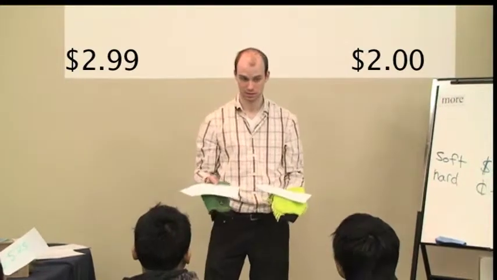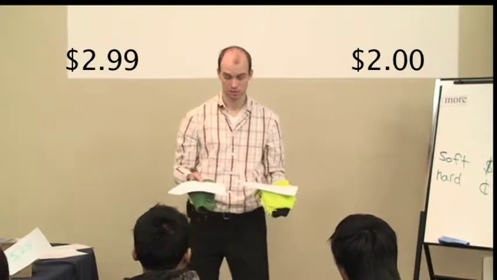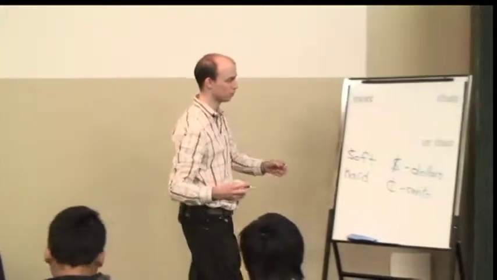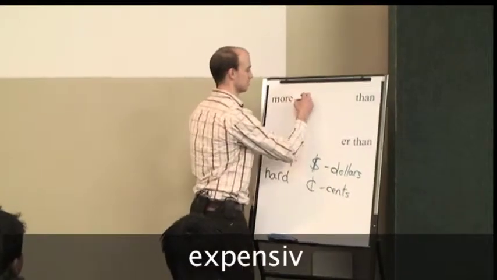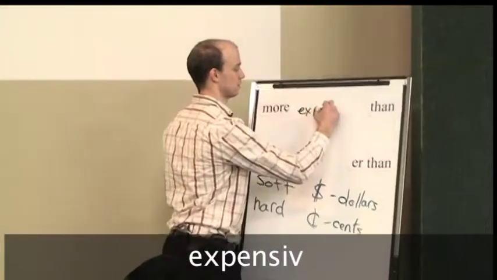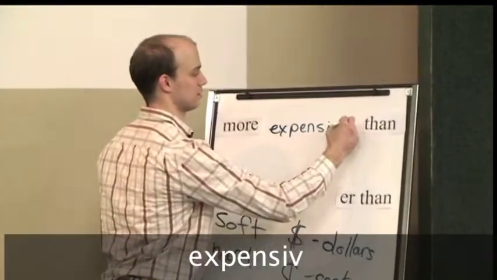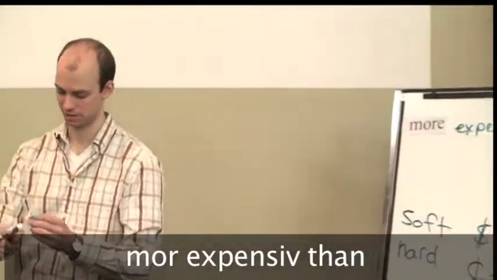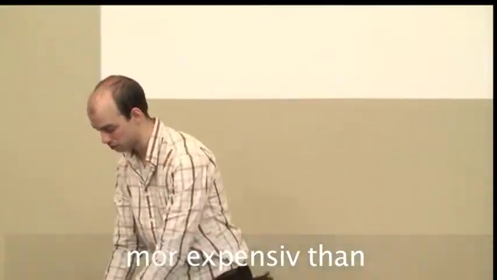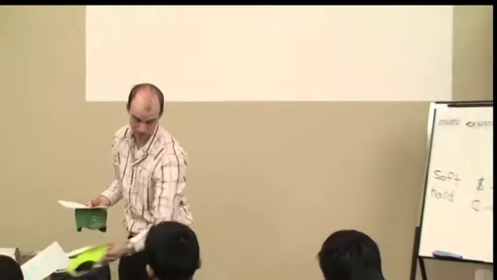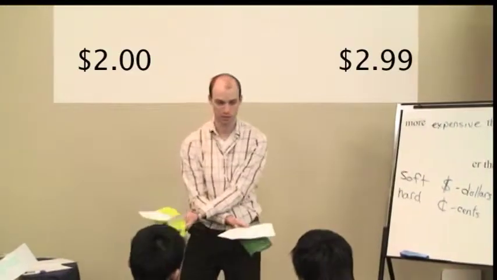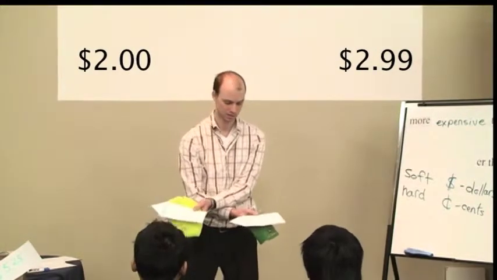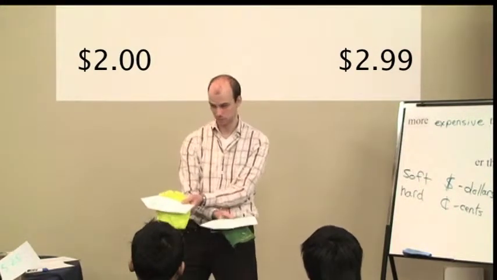The hat is more expensive than the chamois. Right. If we start with the more expensive thing, what if we start with the cheaper thing? The chamois is cheaper than the hat. Right. Does that make sense?